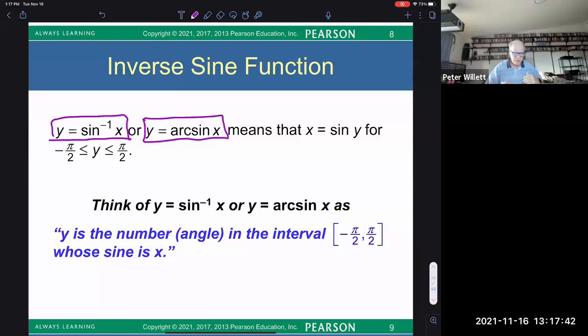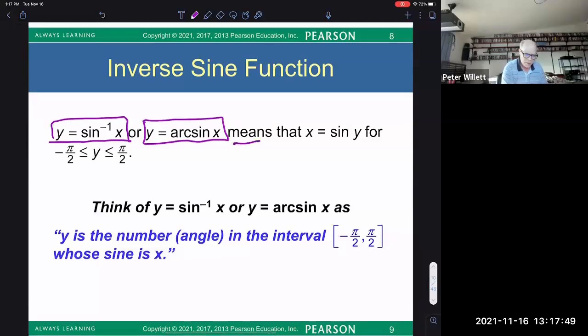But what they basically say right up front here, without any description of why or how it came to be this way, is that y equals inverse sine of x means that x was the result of sine of y, where y is the angle and x was the answer you got. And specifically when y was between -π/2 and +π/2. So that's how they're expressing the restriction of which angles we can use. And you have to do that in order to get an inverse function.